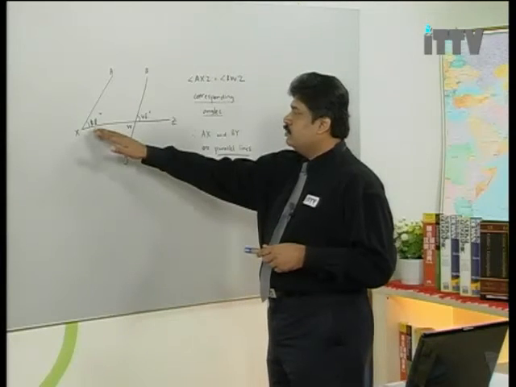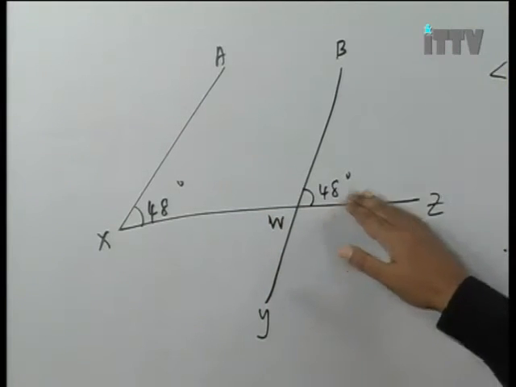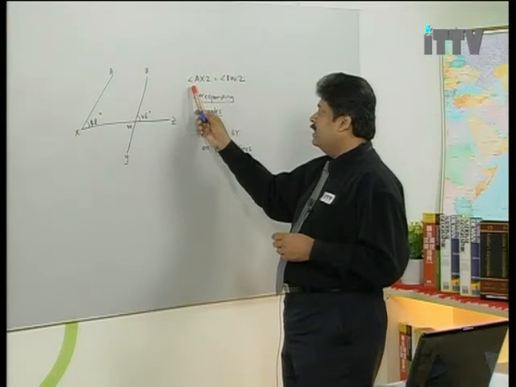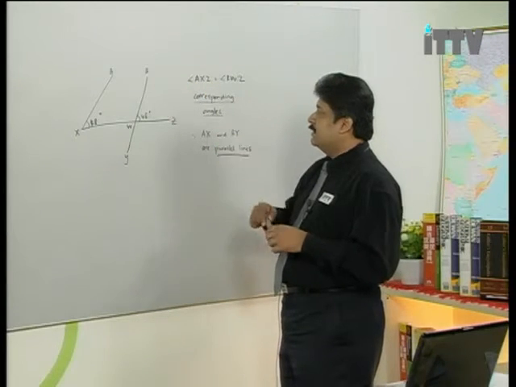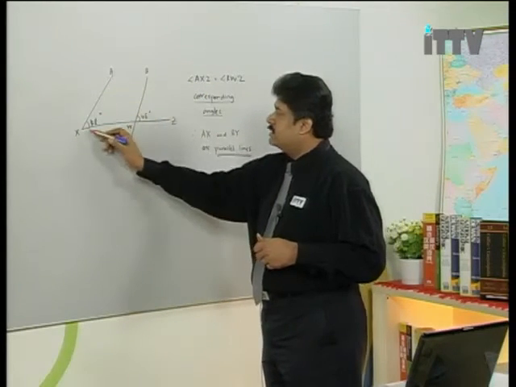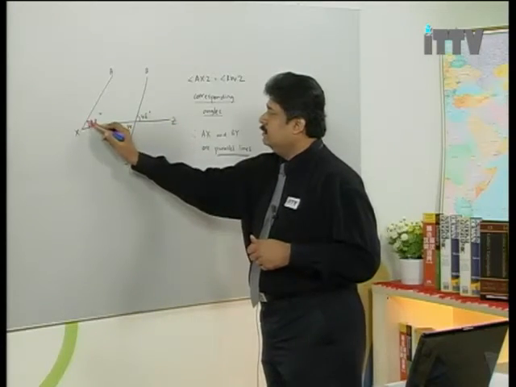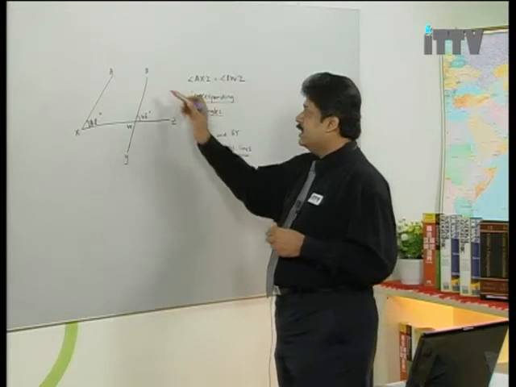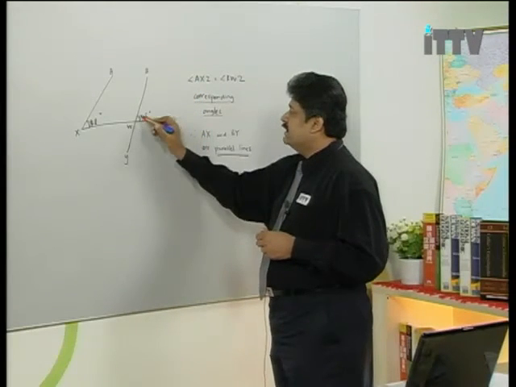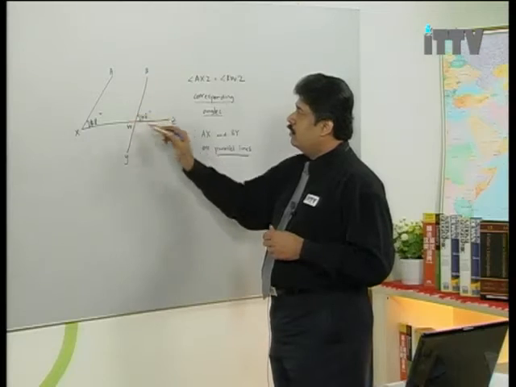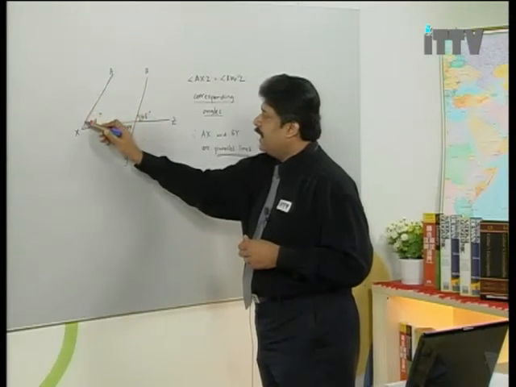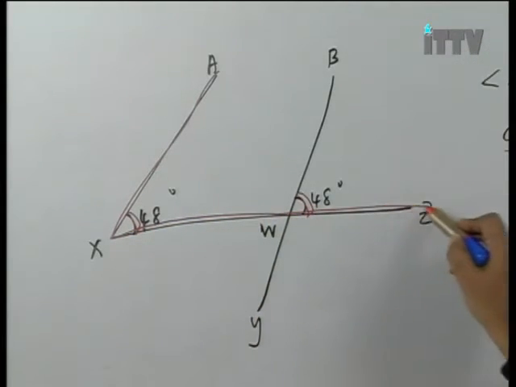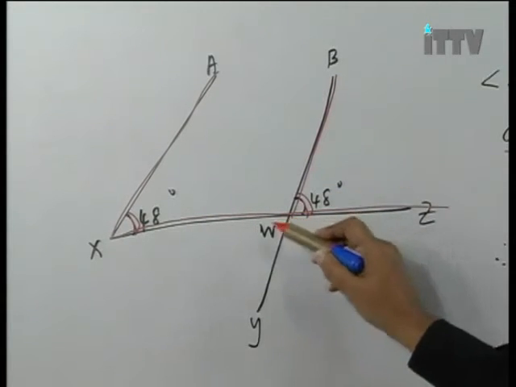If you look into 48 and 48 here, I've written here on the board that angle AXZ, that is this angle, equals angle BWZ. Now, when you look closer, these angles form corresponding angles.